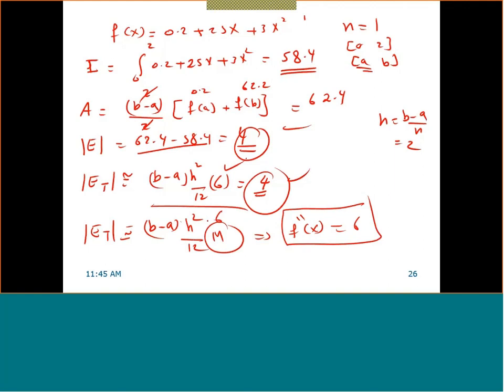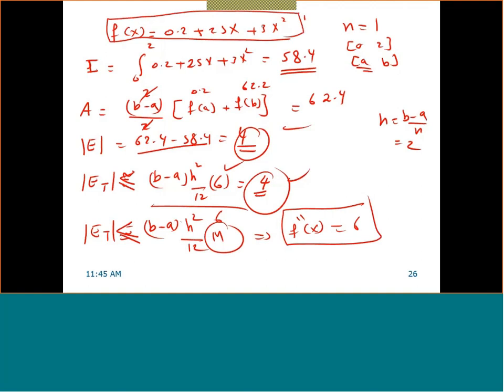Now the question is, we said that the approximate error is less than or equal to the bound. Now it becomes exact. Why is it exact? The reason is that the higher order terms are multiplied by higher order derivatives, third derivative, fourth derivative, and we know that the third, fourth, fifth derivatives of this function will always be 0.